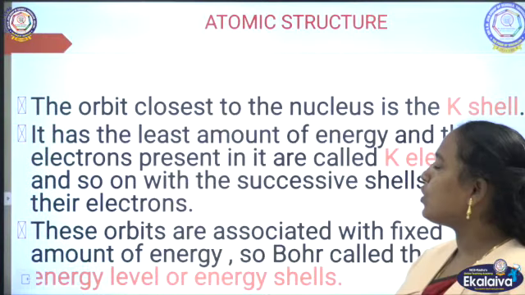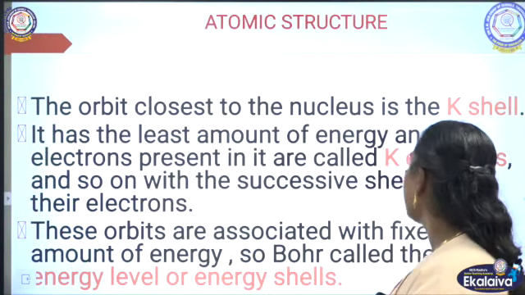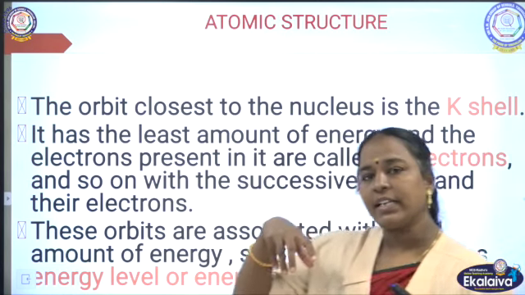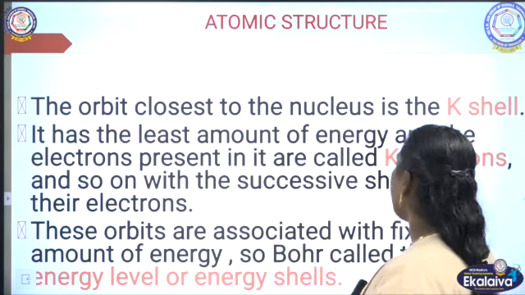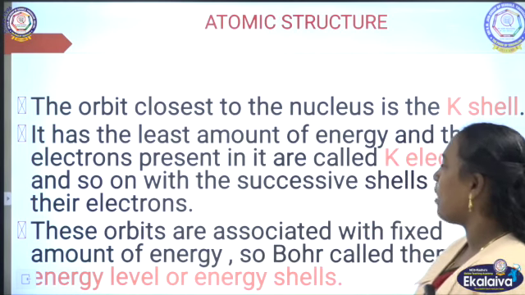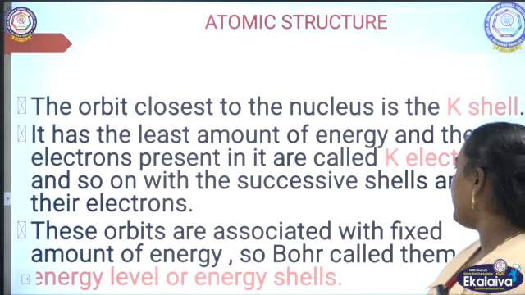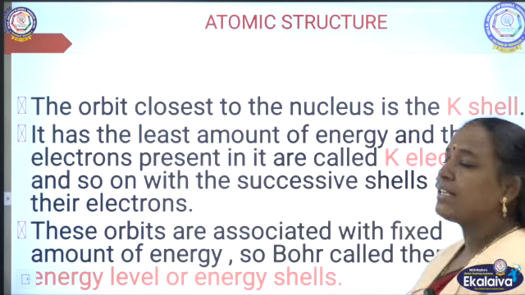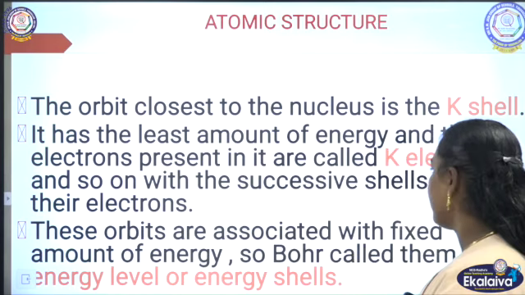The orbit closest to the nucleus is the K shell, and the electrons present in the K shell are known as K electrons. The orbits are associated with amounts of energy, and Bohr called them energy levels or energy shells.